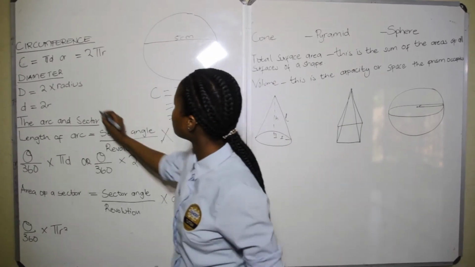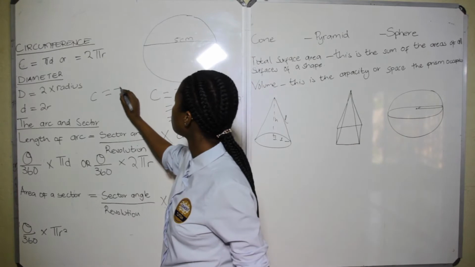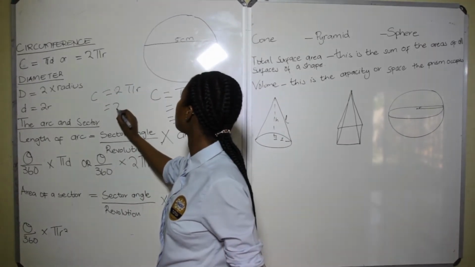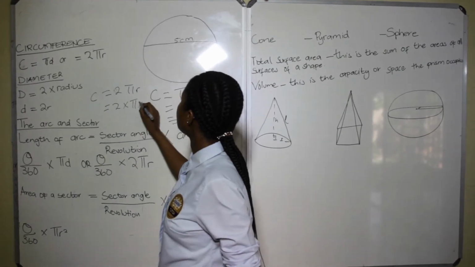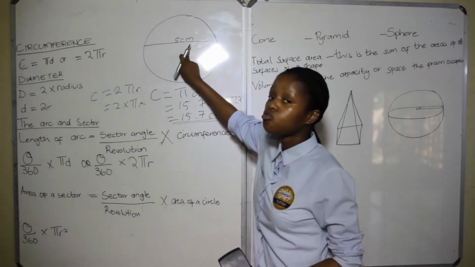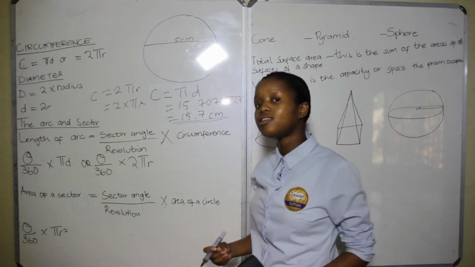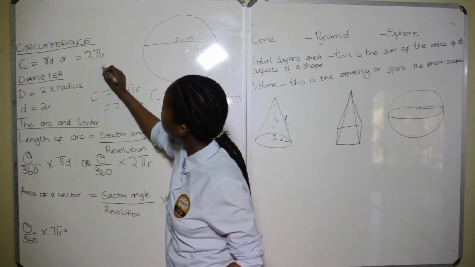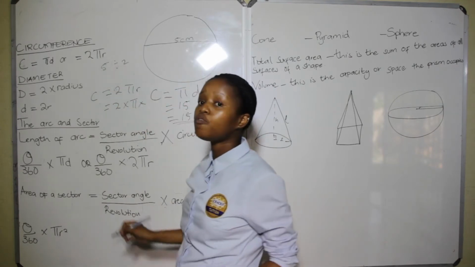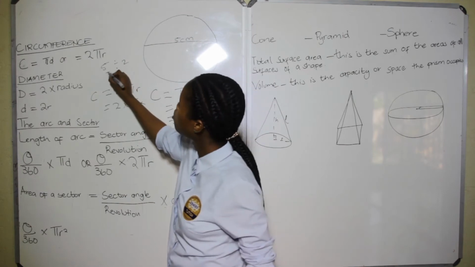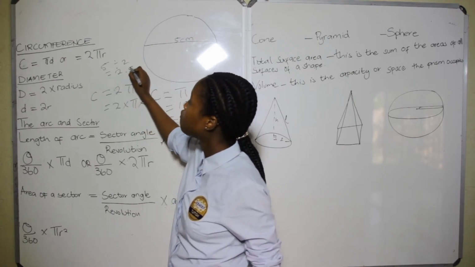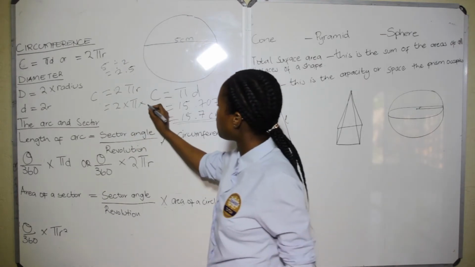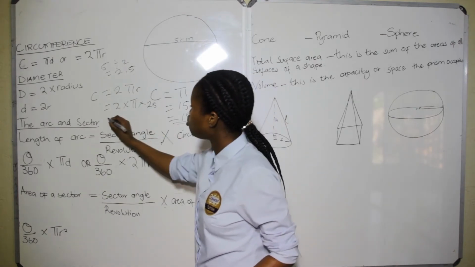So what can you do? You can still say circumference is equal to 2 pi r, which is going to be 2 times pi times, remember in this question you are given the diameter, and the radius is half of the diameter. So it's going to be 5 divided by 2 to find your radius, which is 2.5. So it's 2 multiplied by pi multiplied by 2.5, which is your radius.